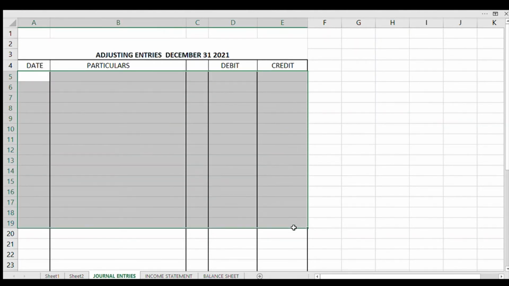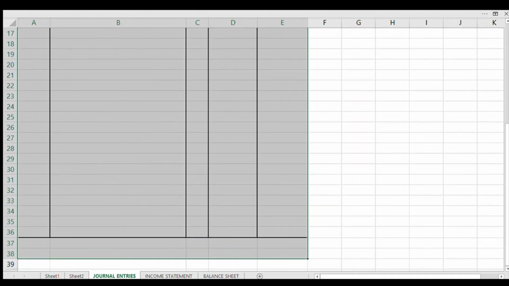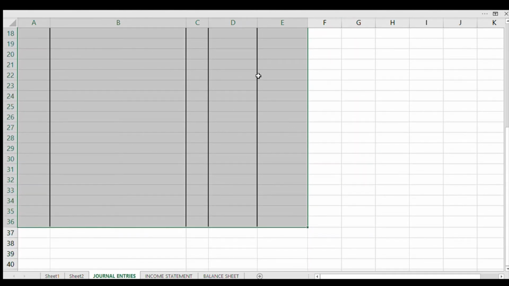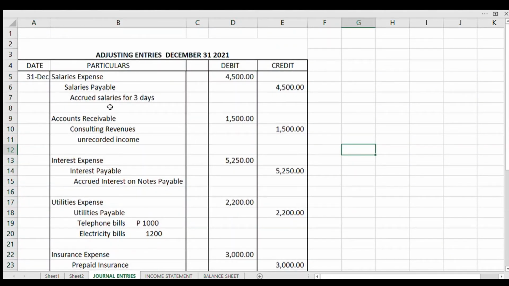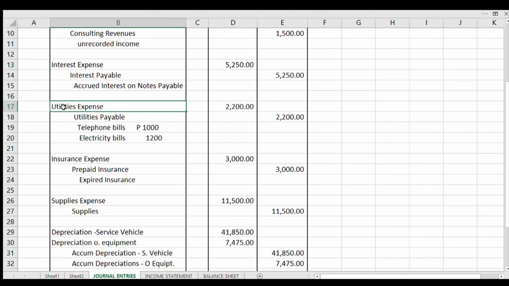I will just show it to you, all the journal entries that we should have recorded. We have the accrued salaries, the accrued income of 1.5, the accrued interest, the accrued utilities on the telephone and the electricity.